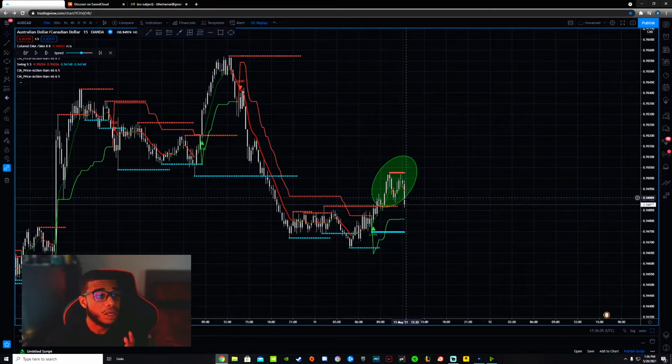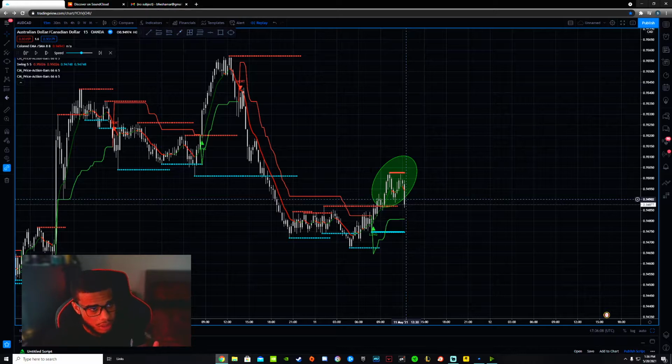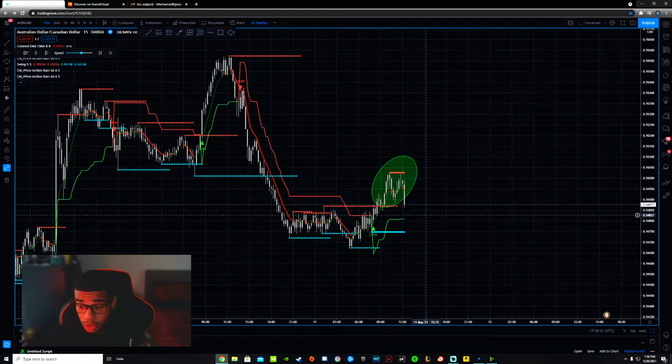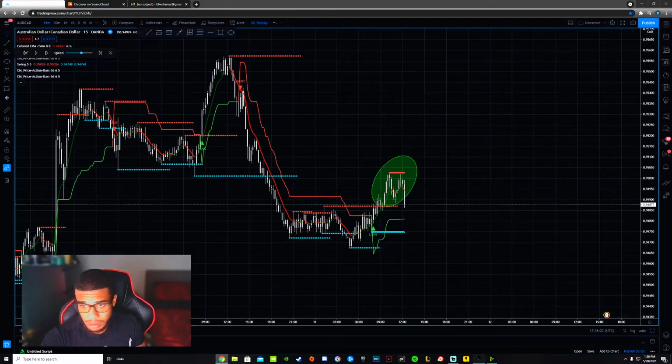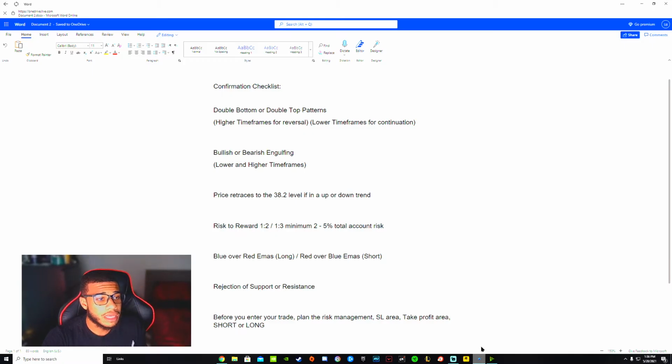That is a bearish engulfing candle because price is currently going down, and bearish means sell or it's moving in the downward direction. So that's all an engulfing candle is. It's a very large candle that engulfs or is bigger than previous candles.